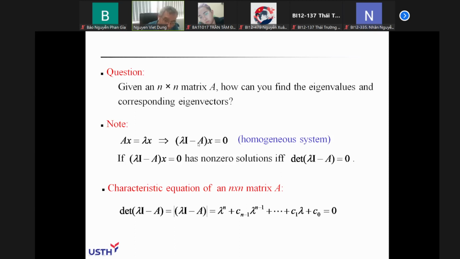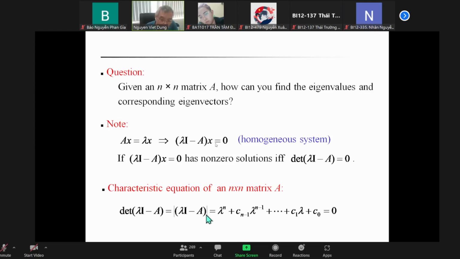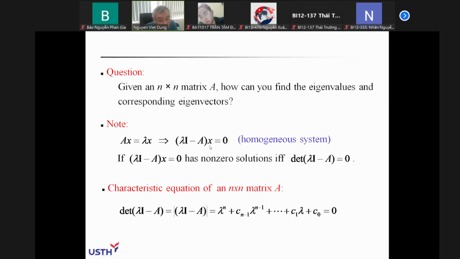Because lambda I minus A is again an n by n matrix, this is a homogeneous system of linear equations. By definition, an eigenvector must be non-zero, so X must be a non-zero solution of a homogeneous system.